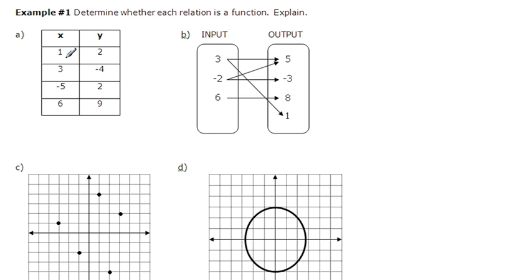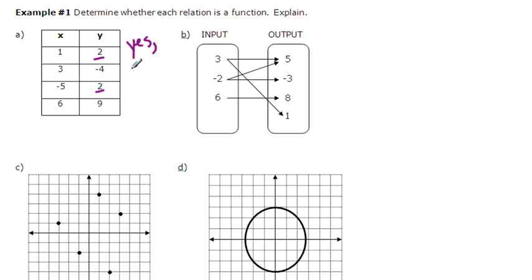That's the only one in my values of x, so that only has one answer. 3 goes to -4. -5 goes to 2. 6 goes to 9. It's okay that -5 and 1 have the same answer. The only thing that we care about is that each of my inputs only has one answer. So, yes, this is a function.